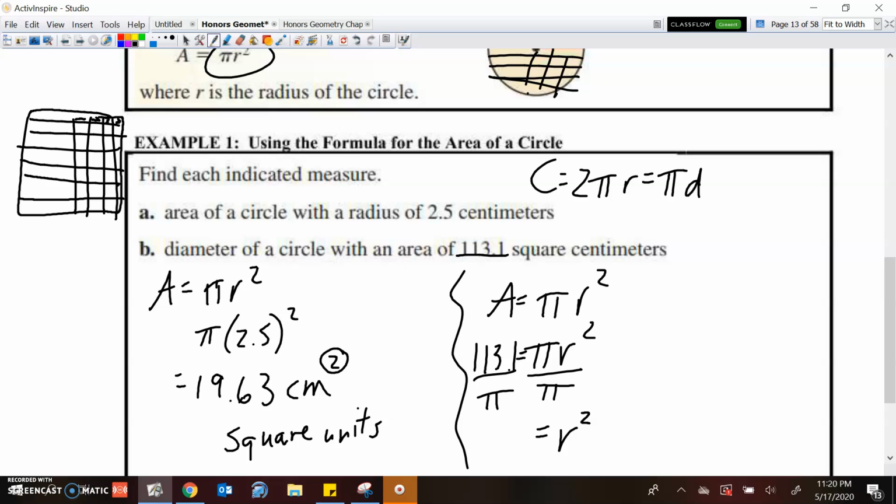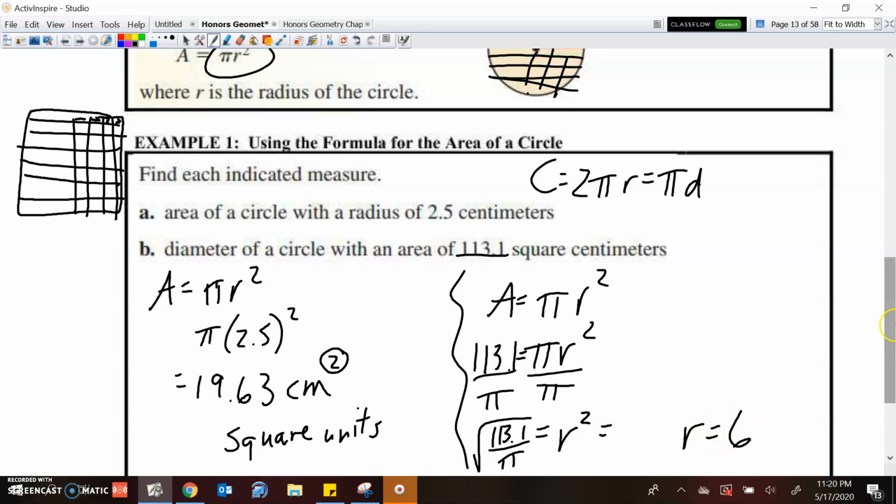I can really just write this as the square root of 113.1 over pi, which gives r equals 6. The radius is 6. And you can check this: 6 squared times pi gives me 113.1.